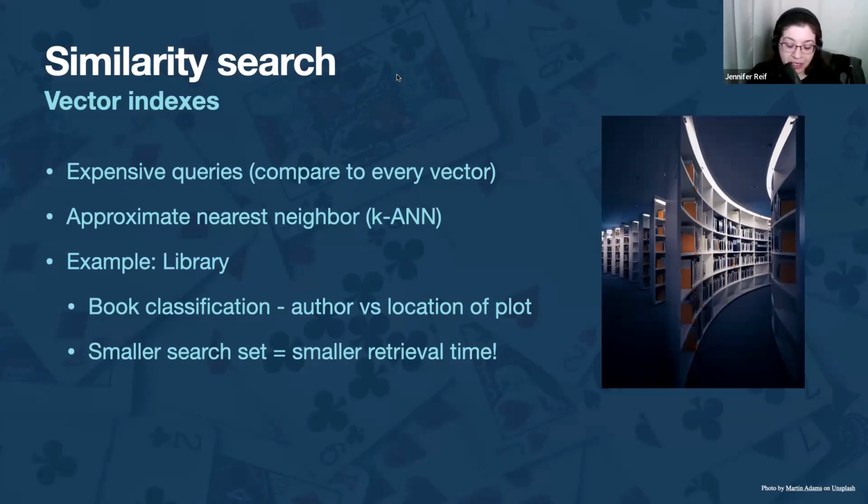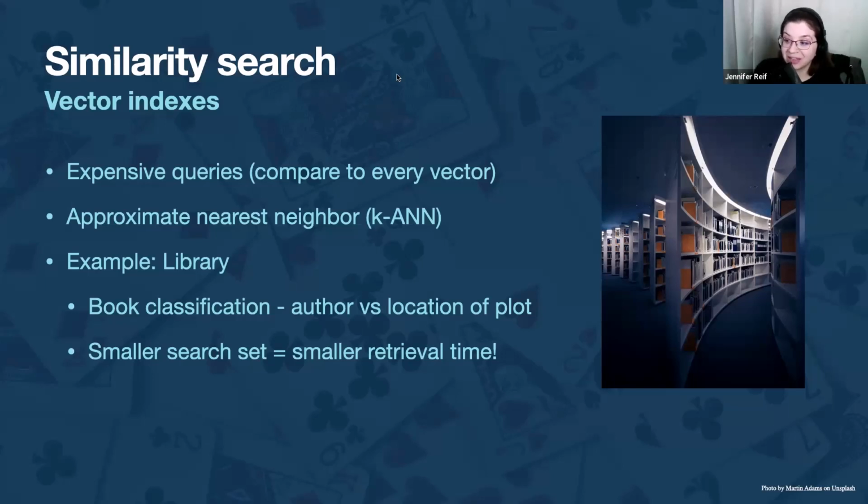So let's take an example. In a library, you'll typically classify or organize books by author or by subject or some other type of classification system, right? But by using vectors, we could actually take each one of the features that we've vectorized. So say, for instance, location of plot, and we could reclassify the entire library based on the location of the plot.